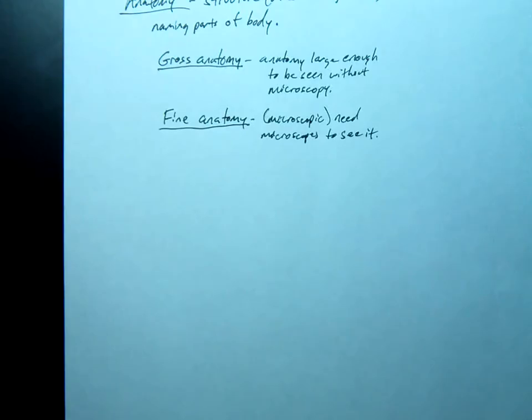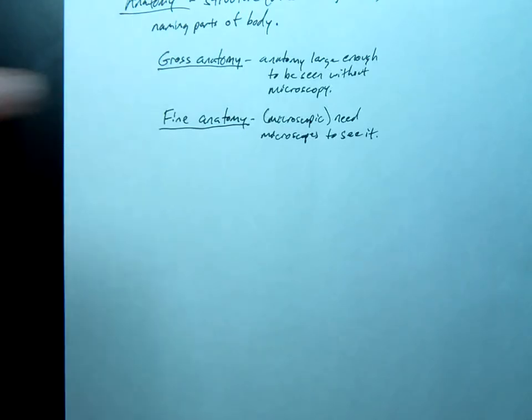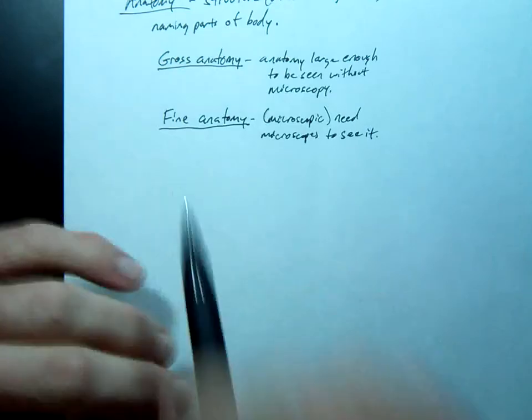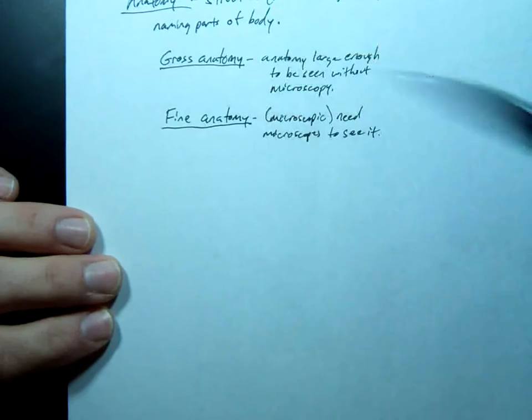Most of the time, we'll be relying for fine anatomy on cartoon drawings or slides that professionals have taken, where they were able to take a specimen, freeze it, cut it, dye it, and get exactly what we're looking for. It's really tough to find these parts on our own. So most of what we're going to be doing as far as anatomy is this.